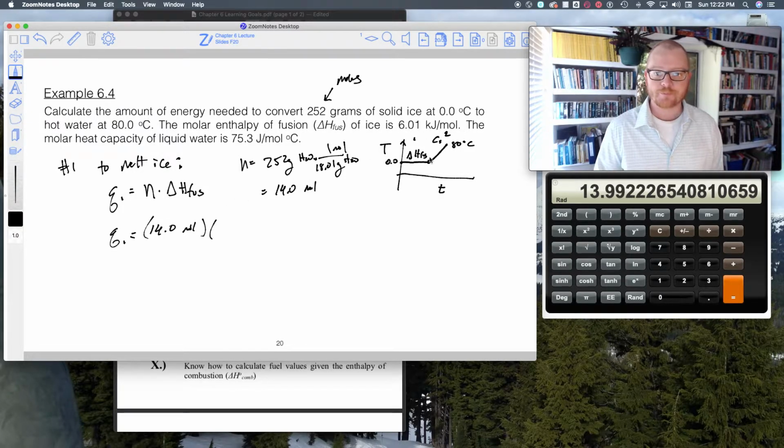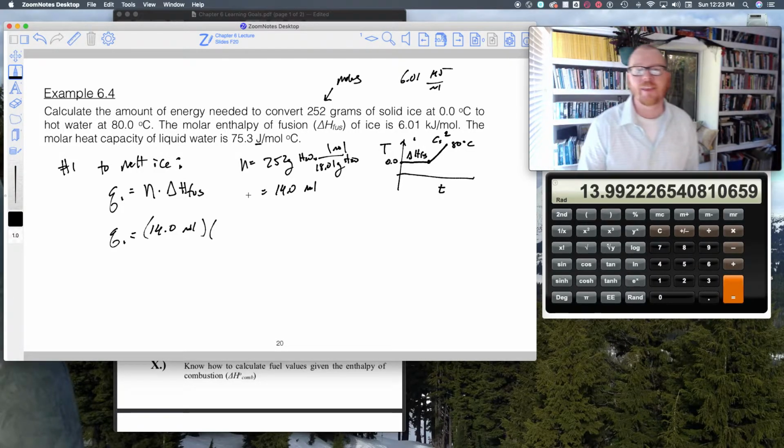Okay, great. And I'm going to make that into joules as well, because I have my molar heat capacity in joules. I could do either way. I could make this one kilojoules and keep this one in kilojoules, because I want to compare apples to apples.